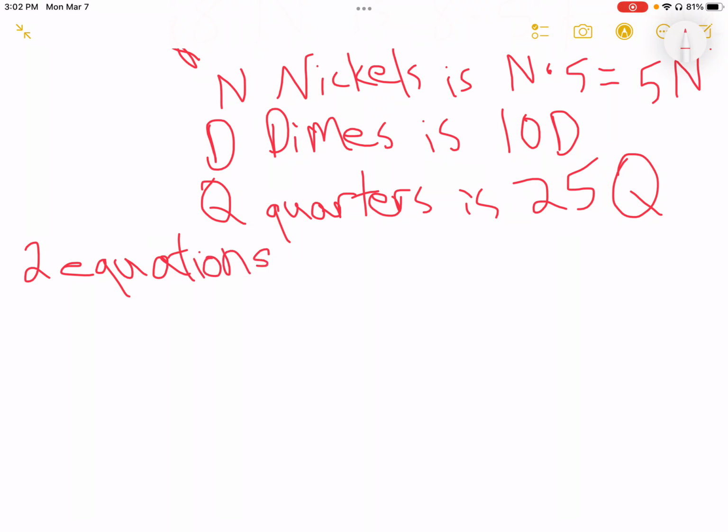So two equations here. The first equation is going to be written in terms of number of coins.